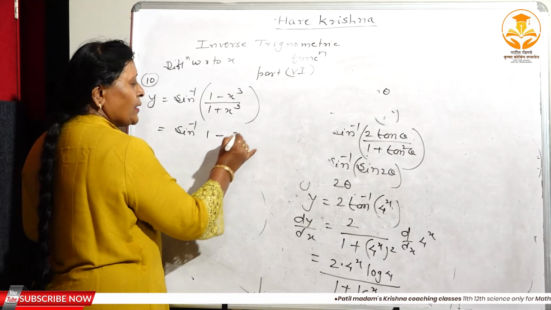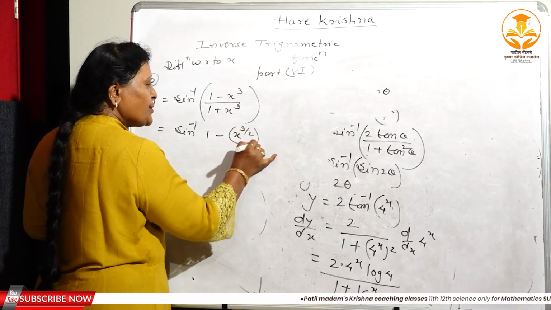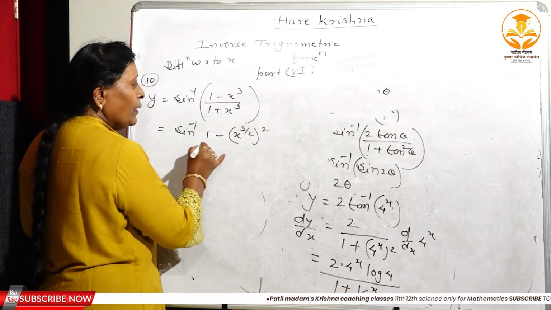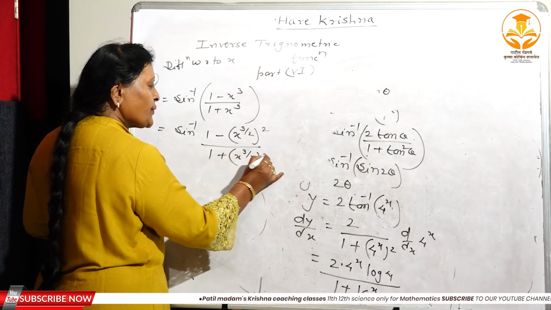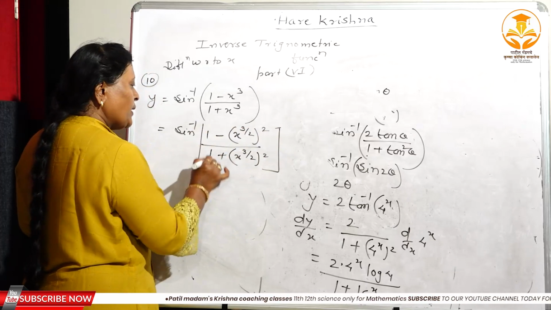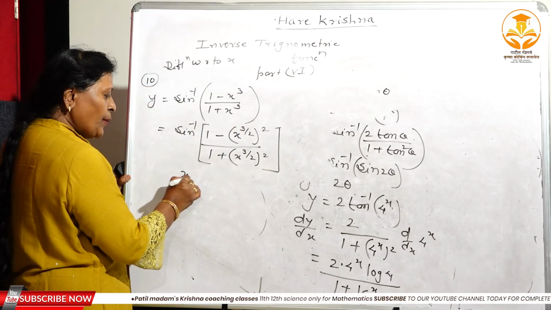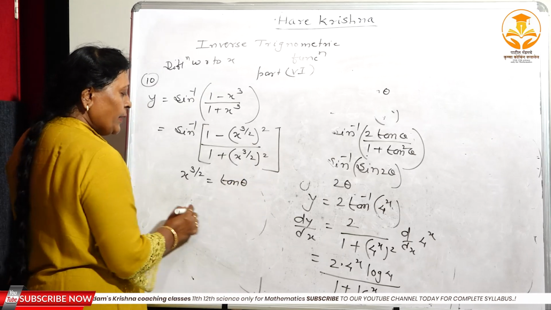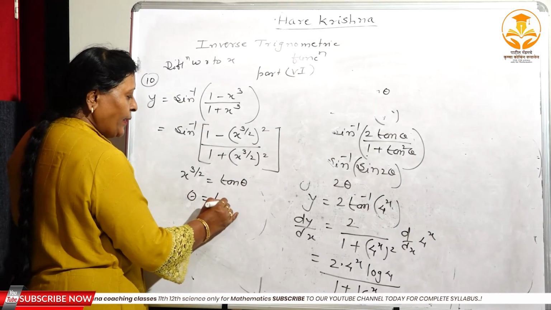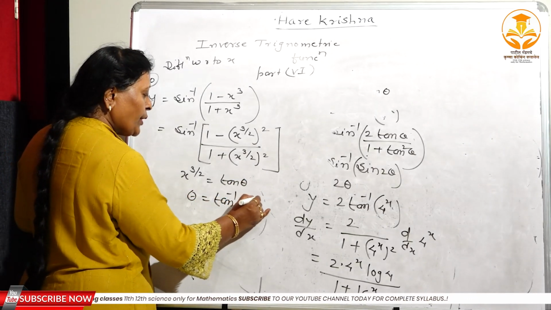You can write this as x to the power 3 by 2 whole square, and 1 plus x to the power 3 by 2 whole square. Now x to the power 3 by 2 is equal to tan theta. Therefore, theta is equal to tan inverse of x to the power 3 by 2.